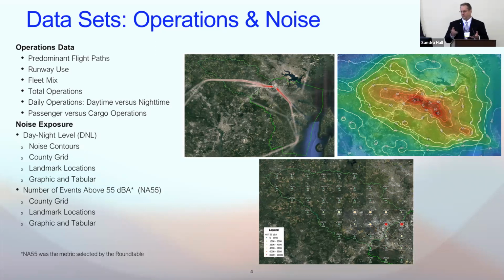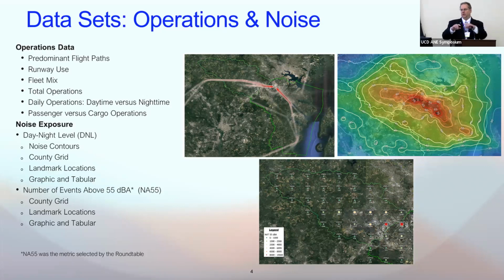We have runway use, fleet mix, total operations, daily operations, daytime versus nighttime, and passenger versus cargo operations in this specific report that we're doing for the folks in Howard County and Anne Arundel County. We also do day-night level, the DNL contours. We have a county grid that we also put in there. That's the bottom picture.